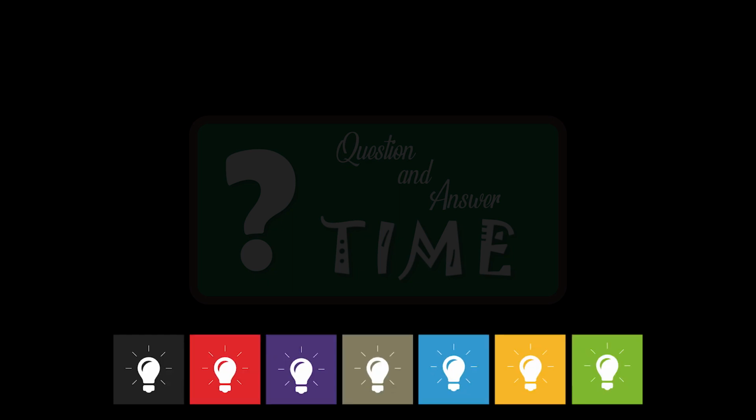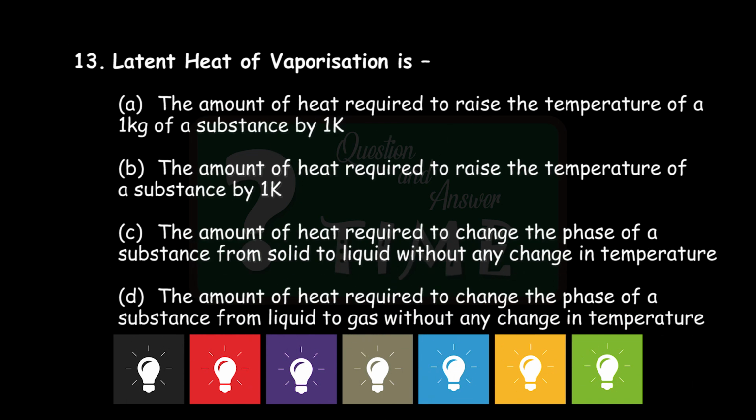Now, question number 13. Latent heat of vaporization is, your options are A, the amount of heat required to raise the temperature of 1 kg of a substance by 1 Kelvin. Number B, the amount of heat required to raise the temperature of a substance by 1 Kelvin. Number C, the amount of heat required to change the phase of a substance from solid to liquid without any change in temperature.